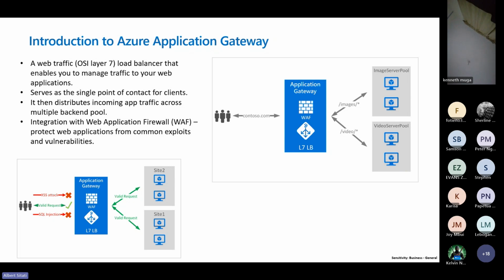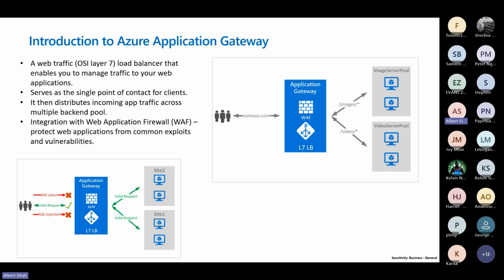But with Azure Application Gateway, the core function is a web traffic load balancer, and this brings the aspect of layer 7. It entails a number of HTTP attributes, because it deals with traffic at layer 7. As you can see on the left side of the screen, the Application Gateway is a load balancer that balances your traffic at layer 7.